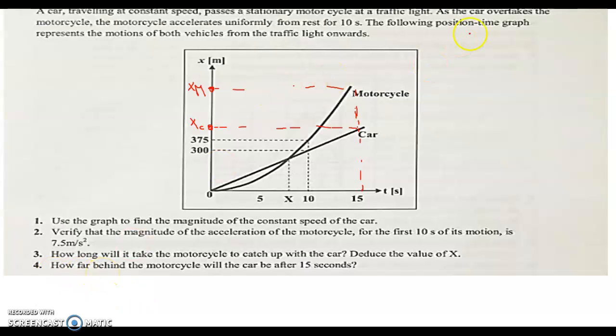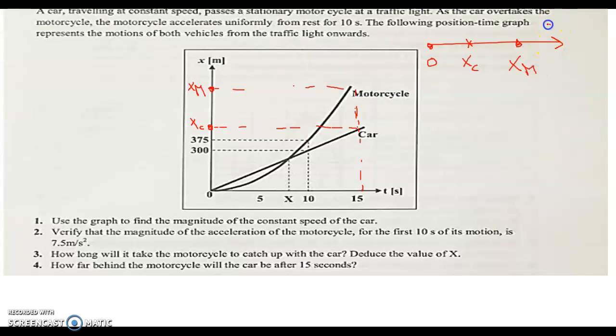Okay, if I want to represent the case here on the space reference axis, if this is the origin O and the car is behind the motorcycle, so this is xc, and the motorcycle is somewhere at another position here, xm, further away from the origin.